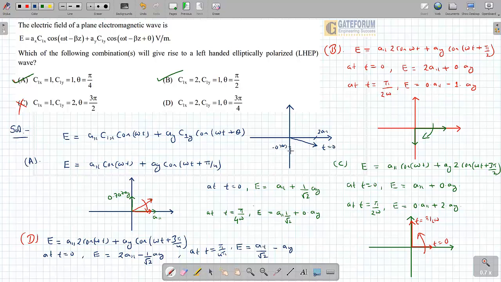This becomes more negative, and Ax by root 2. So that will come somewhere here. t equal to pi by 4 omega. Okay. So again, you see the movement like this, which will match with the left hand finger. So option D is also the right option. So option A, B, and D are the right option for this.